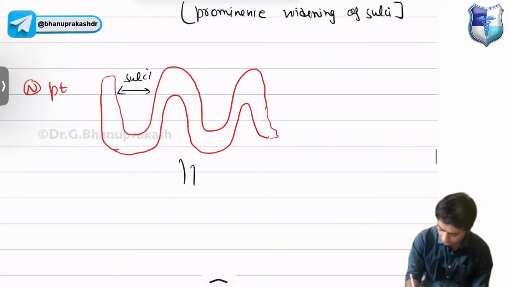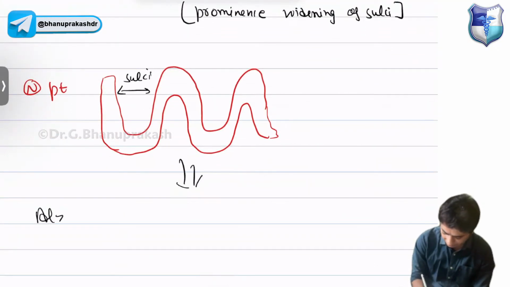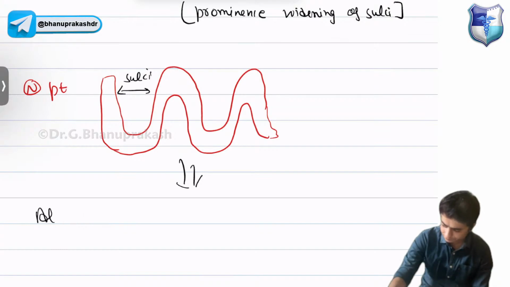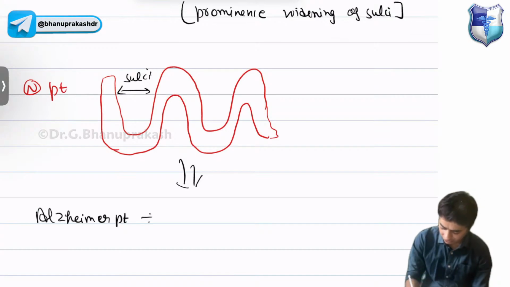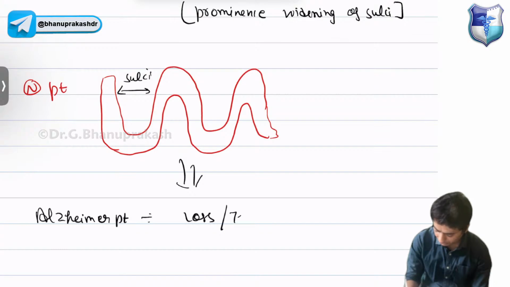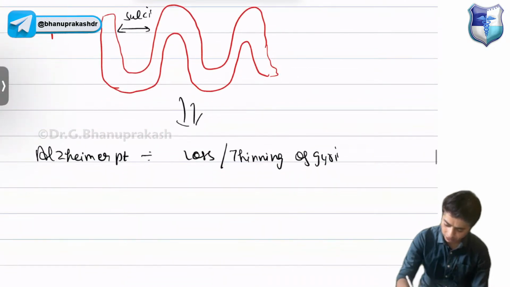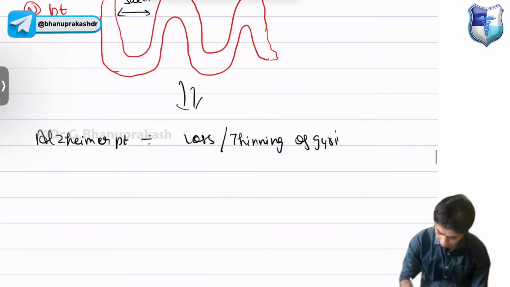Now, if this is your Alzheimer patient, where there is loss, or you can say thinning, of gyri, what will happen? See, if they shrink, it will be like this.